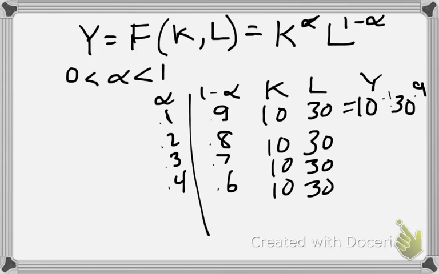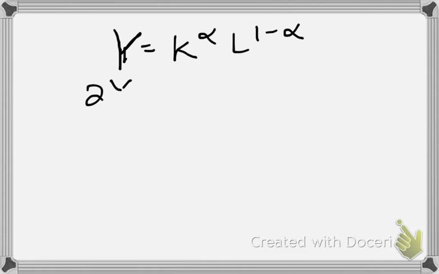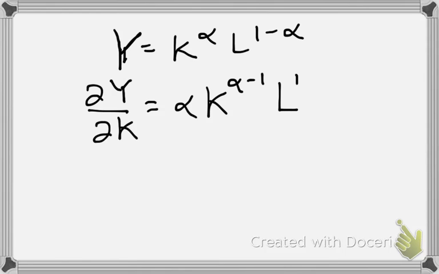Now, going back to our production function, suppose we have y equals k to the alpha, l to the 1 minus alpha. You'll remember from calculus that if we're interested in the marginal product of capital, we take the partial derivative of this function with respect to capital, and that gives us alpha k to the alpha minus 1 times l to the 1 minus alpha.